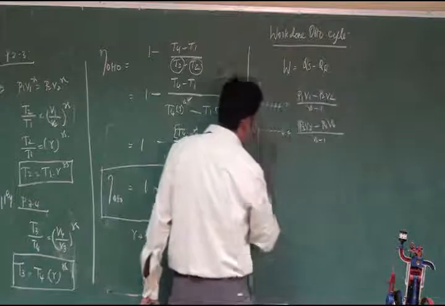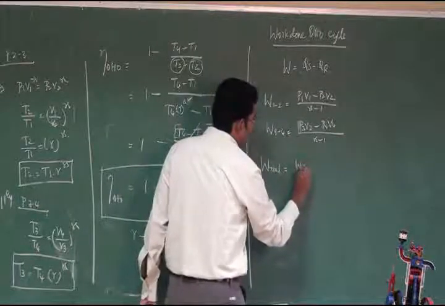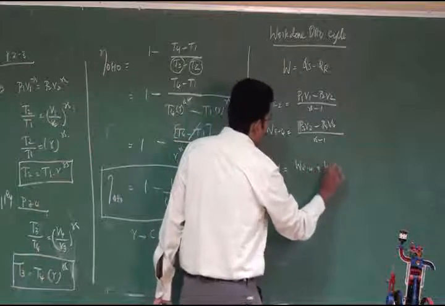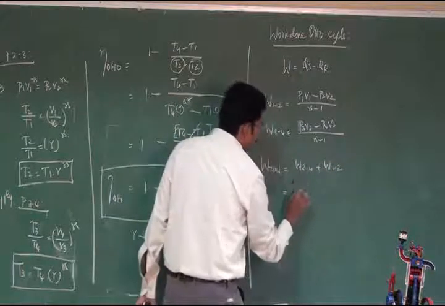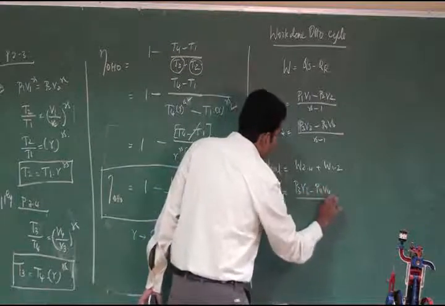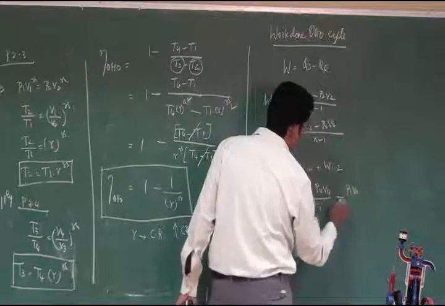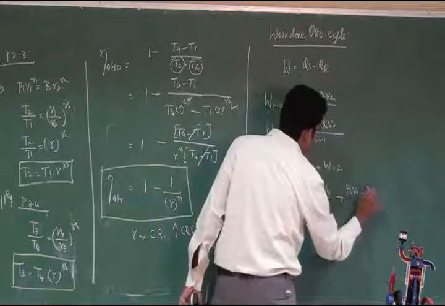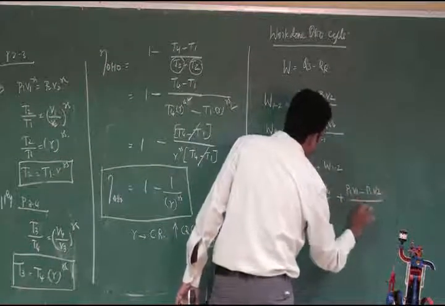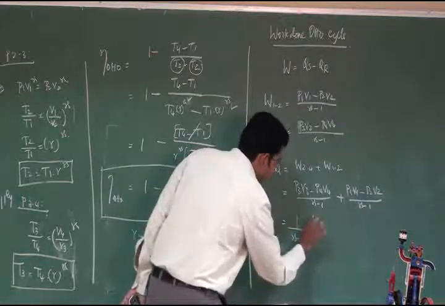Now combined together, total work done can be written as work done 3 to 4 plus work done 1 to 2, that is P3 V3 minus P4 V4 divided by gamma minus 1, minus P1 V1 plus P2 V2 divided by gamma minus 1. In this we keep gamma minus 1 outside.